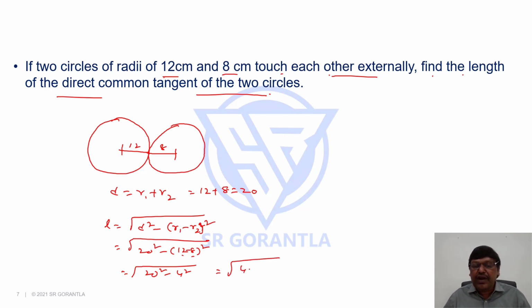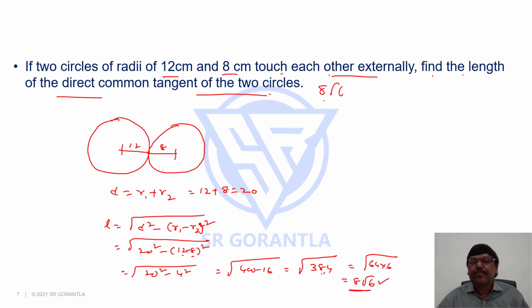It is square root of 400 minus 16. It is square root of 384. Square root of 384, I can take this as 64 into 6. So 64 if I take out, it will be 8 root 6. So the answer is 8 root 6 centimeters, right?